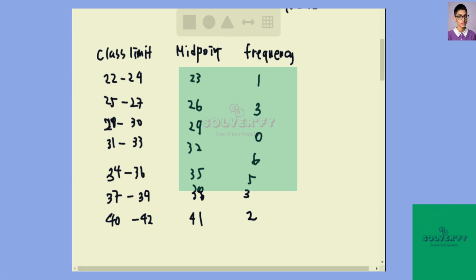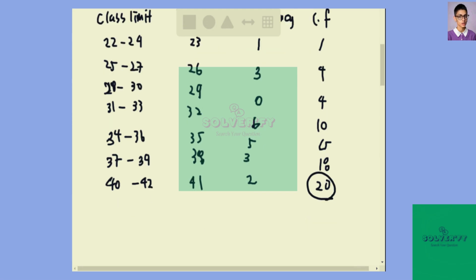Now, it's asking for the cumulative frequency, I'm just going to abbreviate CF. Cumulative frequency 1 is always the same as the first frequency, and then you keep stacking up. 4, and since you're adding 0, it's still 4, plus 6 is 10, 15, 18, and lastly 20. And that was the answer for A.